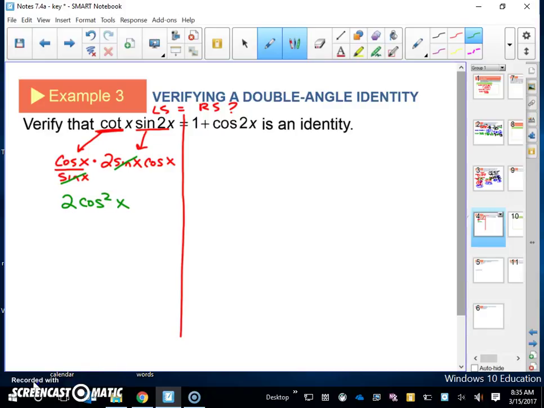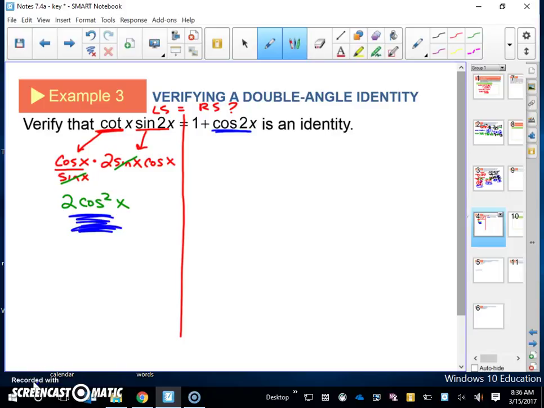Let's go over and work on the other side. Because on the other side, I see another identity. I see 1 plus cosine 2x, and cosine 2x I can do something with. You look at cosine 2x, and you've got 3 choices there: cosine squared minus sine squared, or 1 minus 2 sine squared, or 2 cosine squared minus 1. Any of those 3 would be valid, but compare back over to this other side.